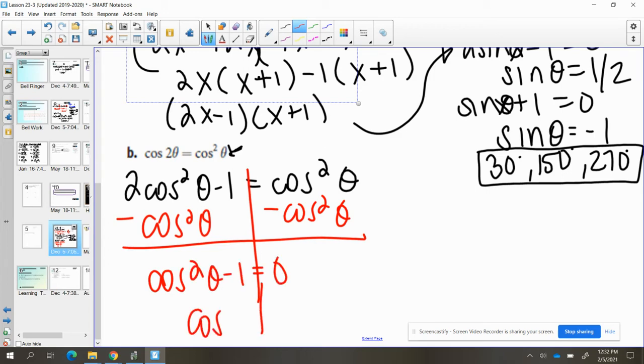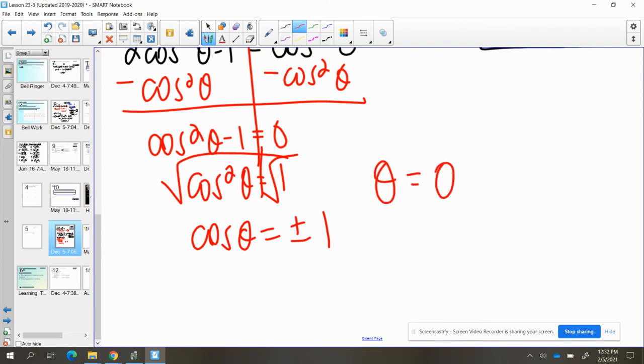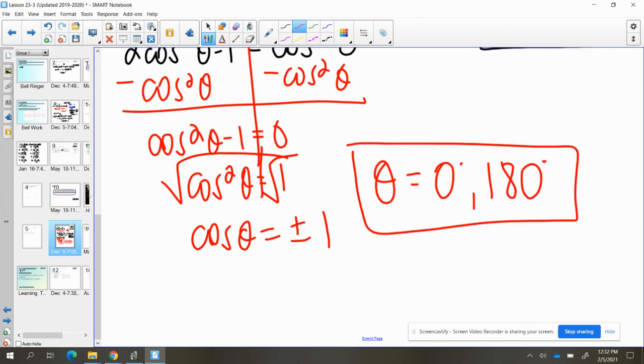So where does cosine squared equal positive 1? Well, when we square root both sides, we end up getting where does cosine of theta equal positive or negative 1. Okay, so that's going to be 2 places, 0 degrees and 180 degrees over our interval from 0 to 360.